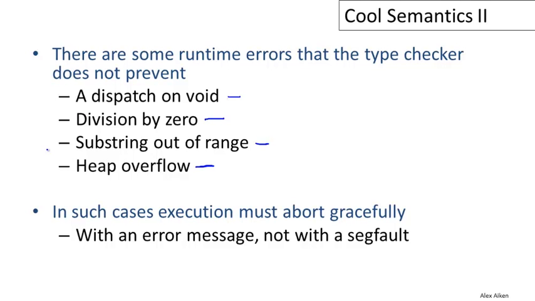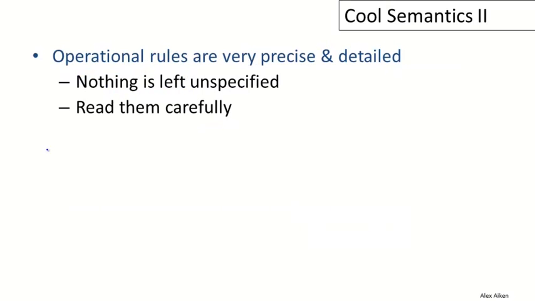To summarize the material in the last couple of videos, the operational semantics rules are really very precise and detailed. If you understand them, then you really understand how to implement a correct Cool compiler. So the rules are complete enough and give you enough detail that you really can't go wrong if you just implement what the rules tell you to do.